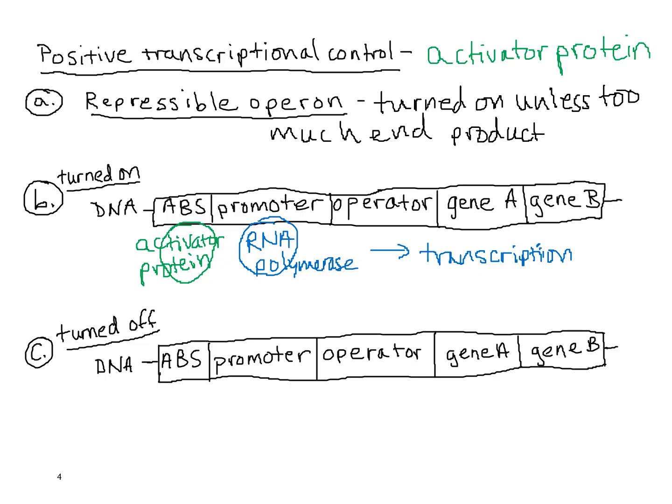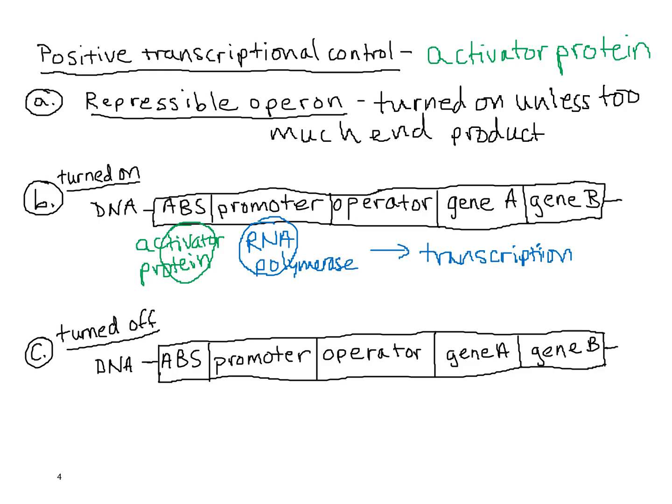Okay, and then part C of the question would ask, how would this operon be turned off? We want to turn it off if there's too much end product around. Maybe we made too much of whatever the end product is. So we need to figure out how to get the activator protein off of the activator binding site.